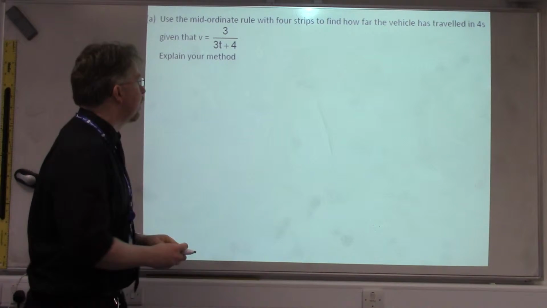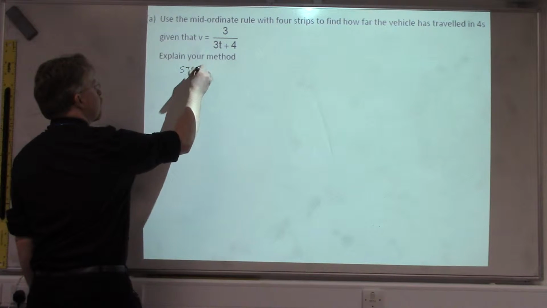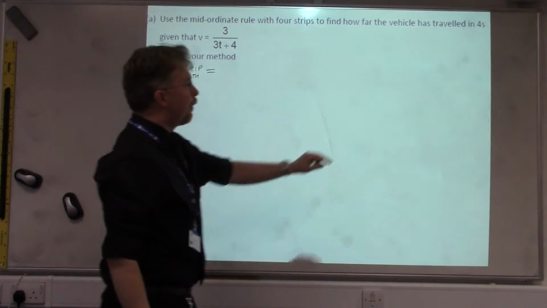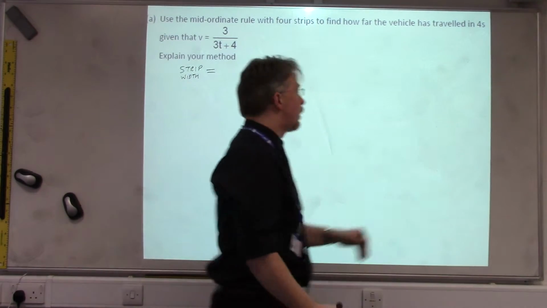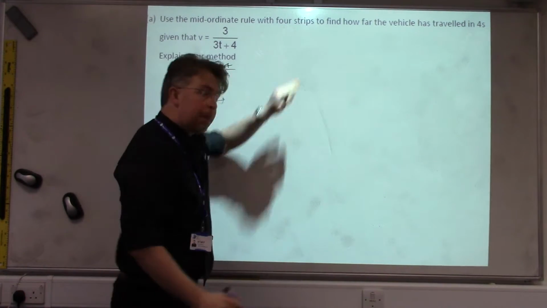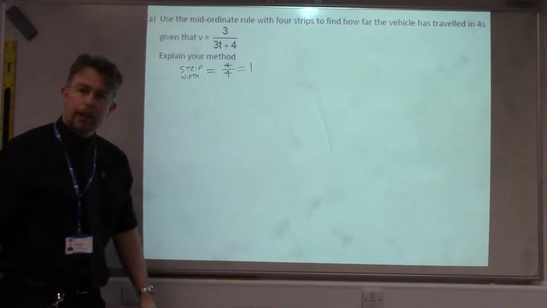So first of all, we need the strip width. The strip width is equal to the time travelled, the 4 seconds, divided by how many strips we're going to have. So 4 divided by 4 is equal to 1.